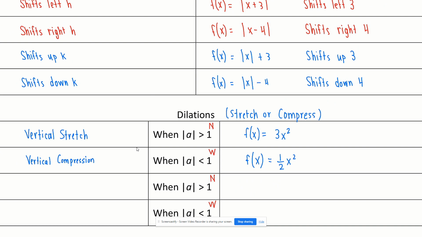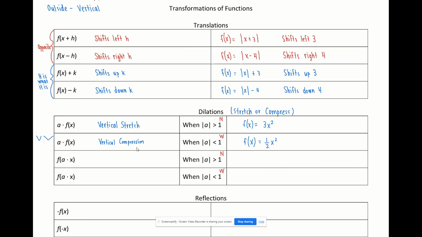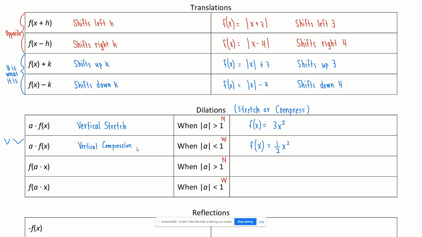Okay? Now, let's switch gears, and now we're going to say, well, hey, what if this happens not on the outside, but what if this happens on the inside? Remember, we said if it's on the inside, it's horizontal. So remember, I told you that if the value of A is greater than 1, your graph has to get more narrow.